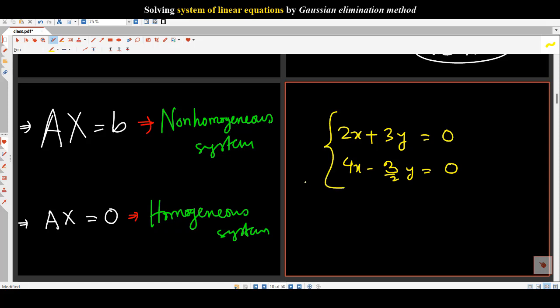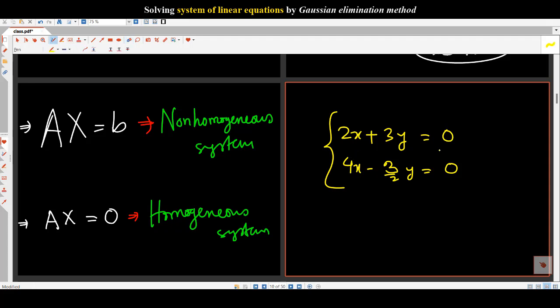So this is a system where we have two equations with two variables. The right side values are 0. All values b1, b2 are 0. That means this system is obviously a system of linear equations in two variables x and y with two equations, first equation, second equation. But is it homogeneous or non-homogeneous?